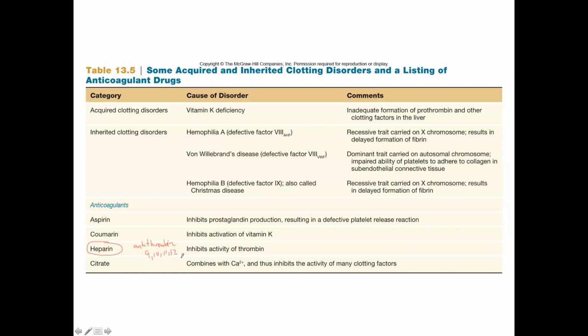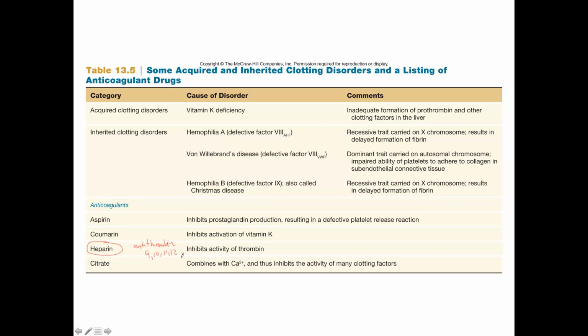And so that's going to prevent us from activating prothrombin to thrombin. So antithrombin, which is activated by heparin, is eventually going to stop the activity of thrombin, and therefore you are not having coagulation take place.